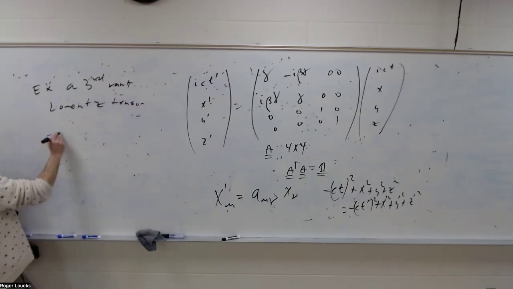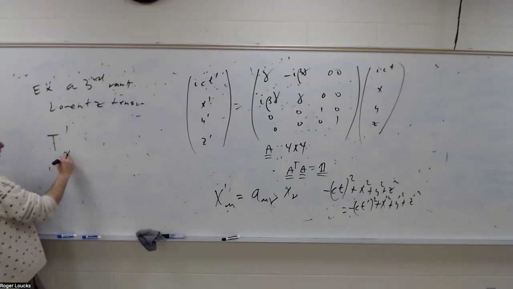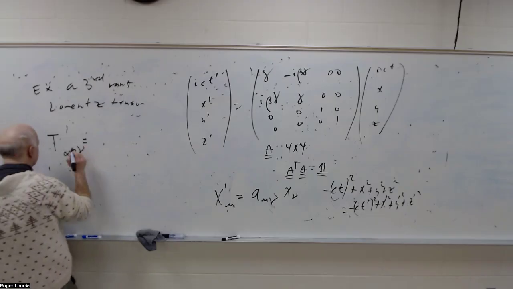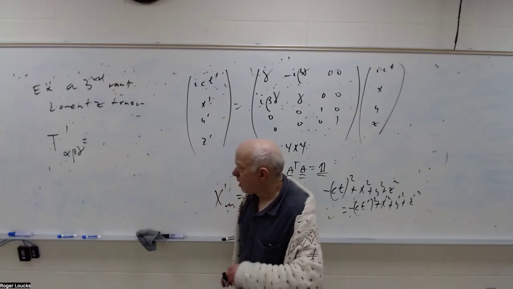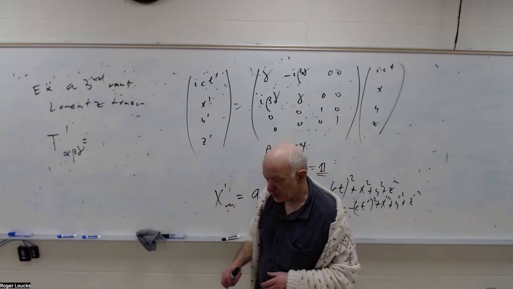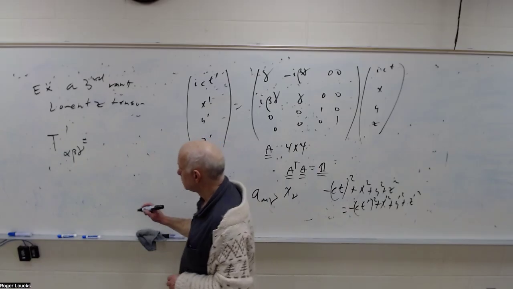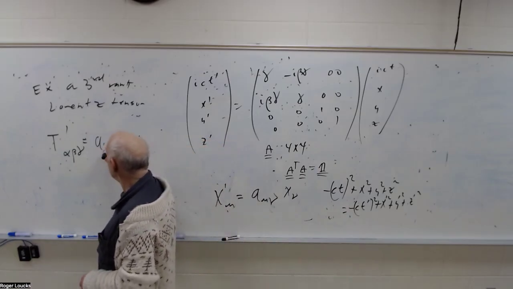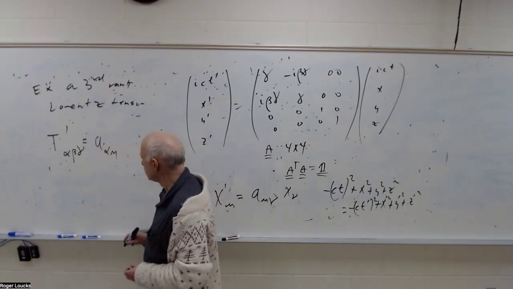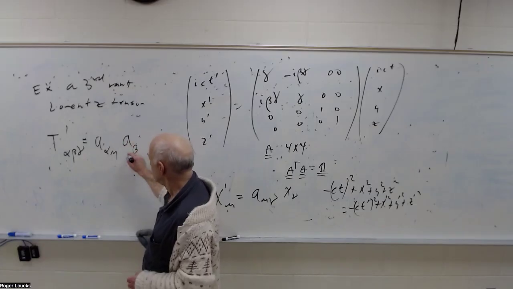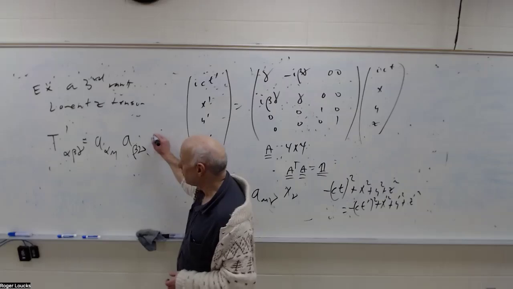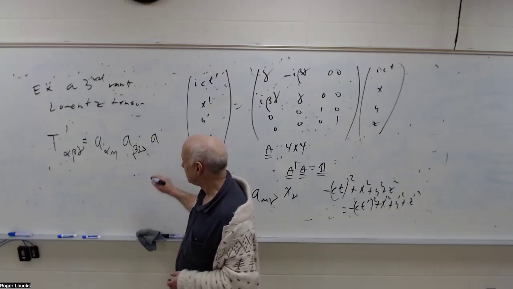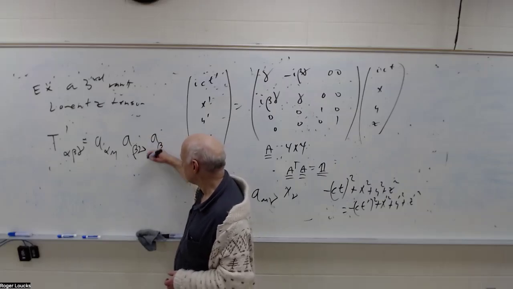Let's call it T prime alpha beta gamma. What would that be? A alpha mu. A beta nu. A gamma.